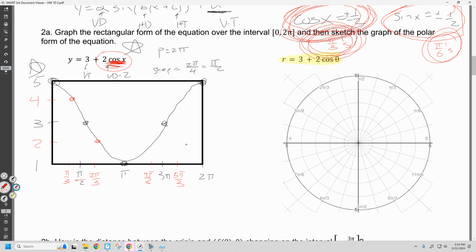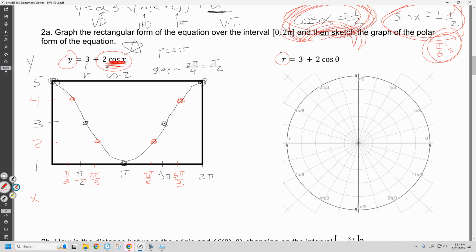Cool. And now, what I've actually just created is a table of coordinates. Now you're like, great, these are x, y coordinates. Yeah, I understand that, Mr. Mester. This is how we graph 3 plus 2 cos theta. But look, over here, we are replacing y with r.